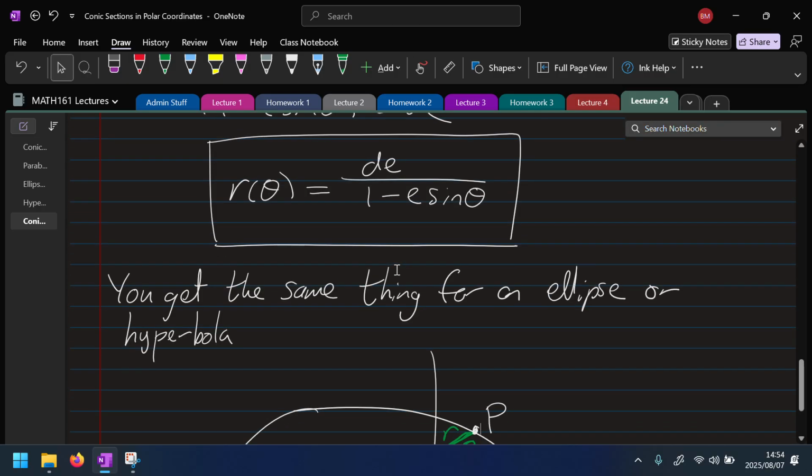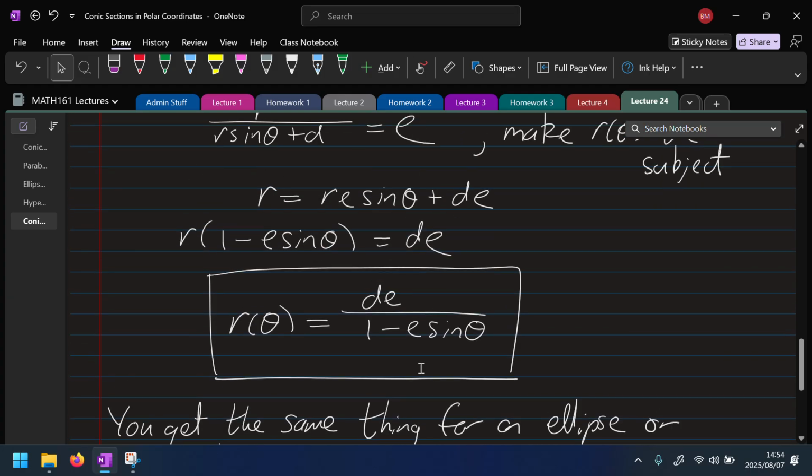Now just a little note with the sign here. You might have noticed from the polar curve sketches, if you did a few of those tutorial problems, that if you had something with sine, like r equals 2 sine theta, that was a circle at the top. If it was r equals 2 cos theta, it was a circle on the right. This sine and cos tells you whether it's vertical or horizontal.